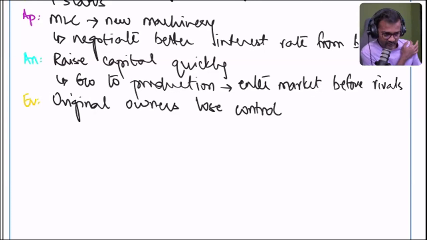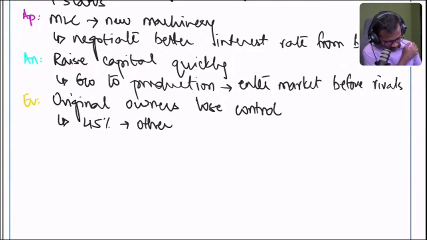Okay. And what I can bring in here from the case study is that they already mentioned, yes, VV, in the same paragraph, that Maria has 55% of the shares, right? I want to reserve that point for the final evaluation. So what you can say here is that since Maria has 55%, then 45% are your other owners, right?